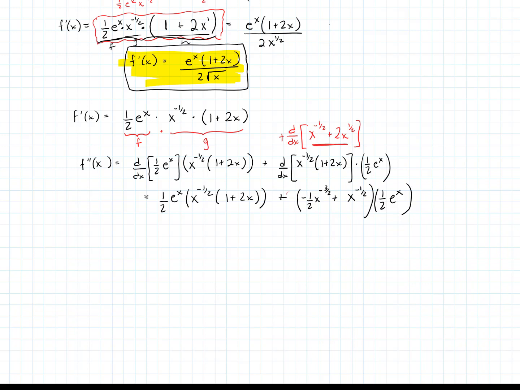And so now we just want to simplify this. So let's go ahead and get in here. Let's simplify this, maybe even speed it up, but we're going to distribute, pull out some common factors, do some things like that, because this is kind of an icky derivative here. So the first thing I'm thinking is, why don't we pull a -1/2 x to the -3/2 out of here? So that's going to leave me with a 1 minus 2x, and then I've got my 1/2 x e to the x.